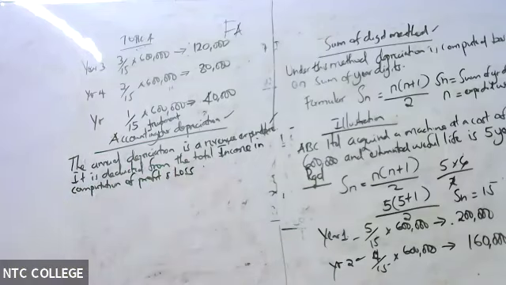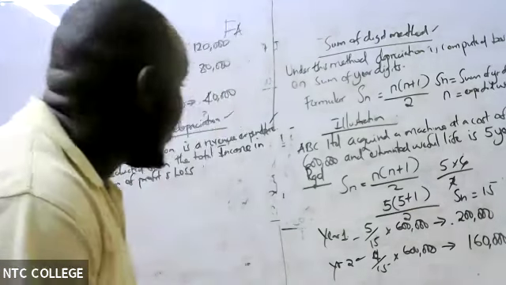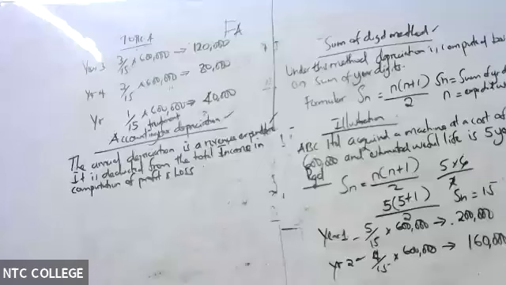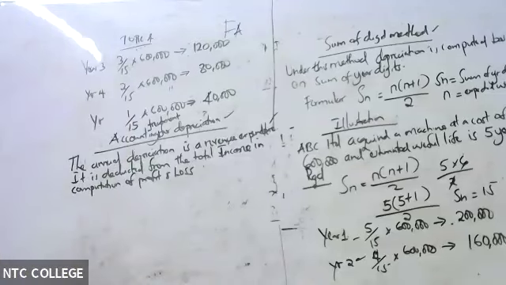So we basically say that that is a revenue expenditure. We normally deduct it from the total income in computation of profit and loss.